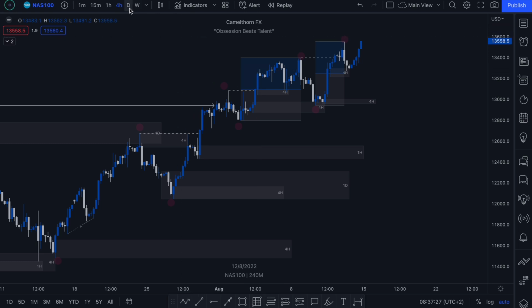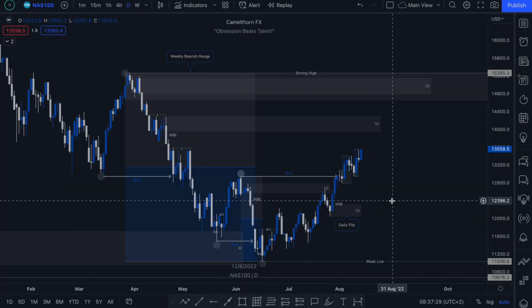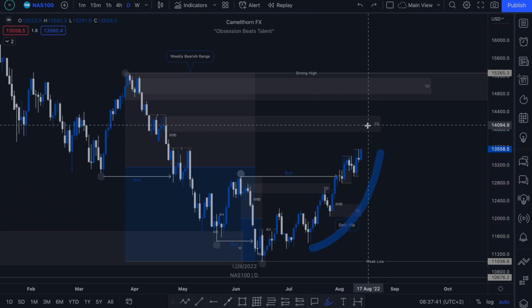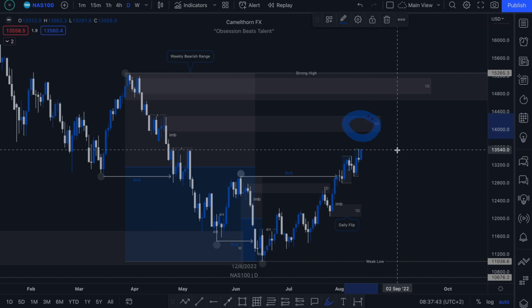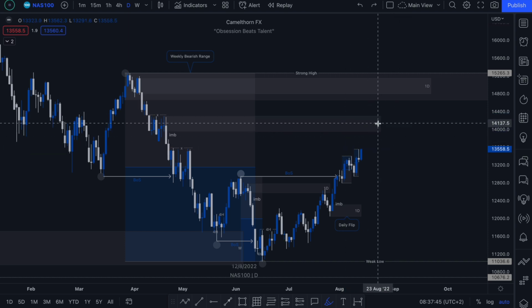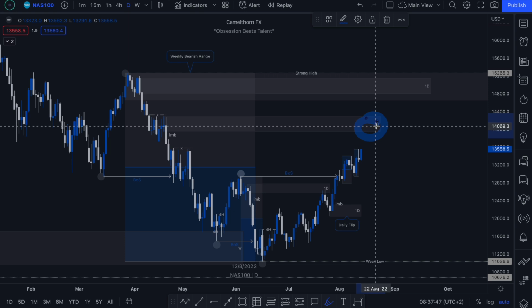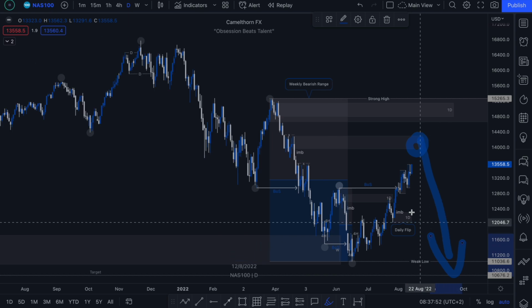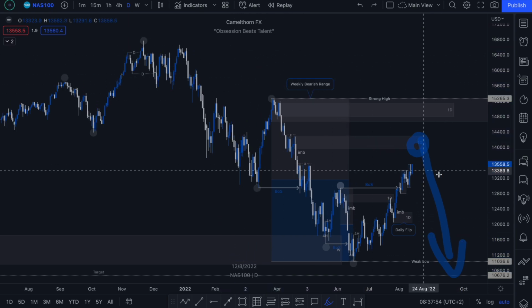So to end off here very quickly, on NASDAQ, what we're looking for is continued bullishness until we see a mitigation of this daily supply zone. Depending on what price action does at this zone, we could see a bearish continuation of that overall weekly trend.